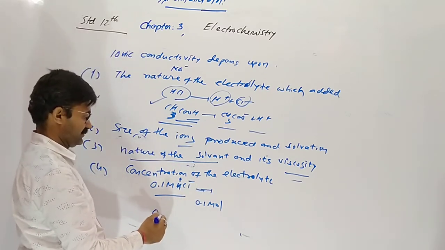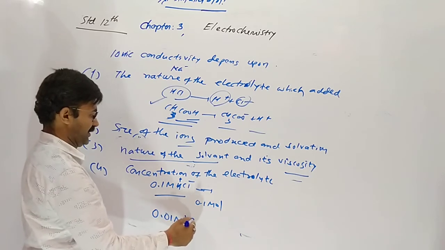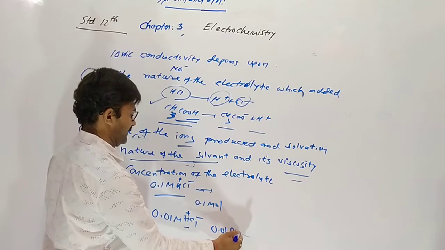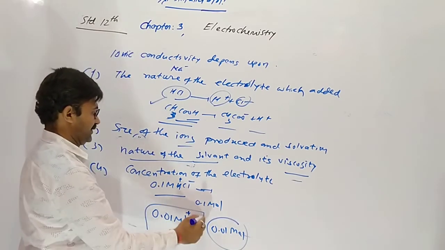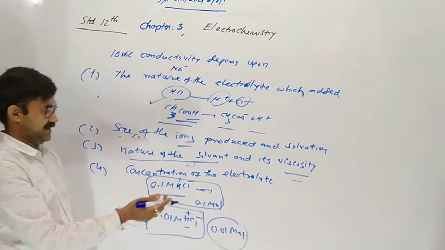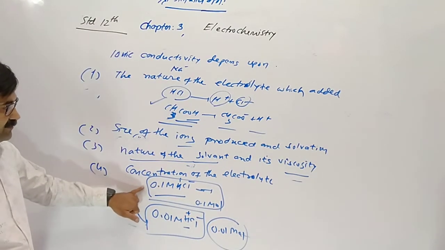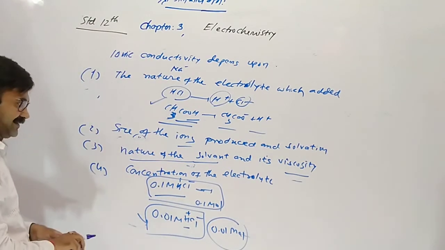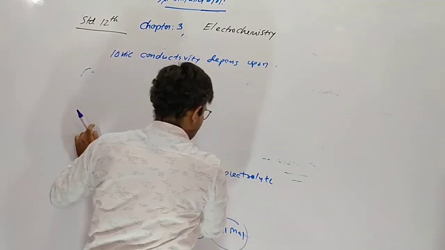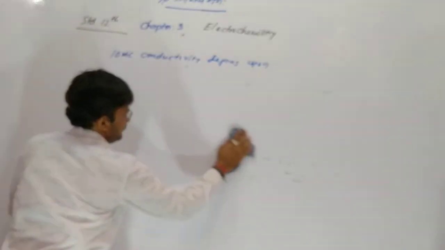Suppose 0.01 molarity: in 1 liter only 0.01 mole of ion is present. So less concentration means fewer ions, more concentration means more ions, so conductivity is more for a more concentrated solution. Now the last one is the temperature.